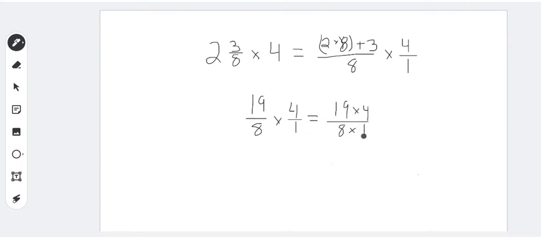I don't know 19 times 4 off the top of my head, but I do know that 4 times 20 would be 80. And so 80 minus 4 would be 76.